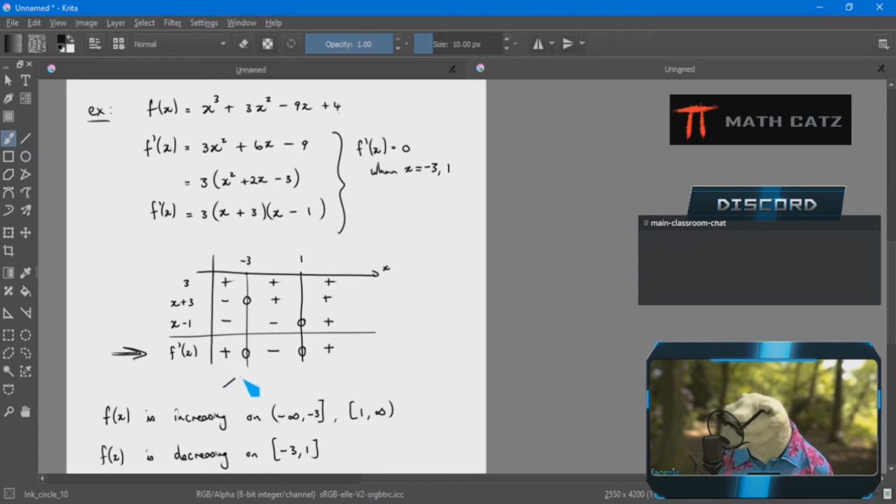Then 0 is going to be horizontal tangent line at -3, and then I'm going to have a downslope again. And around this x equal to 1, it's going to go downslope, horizontal, upslope. So these slope lines can give me a picture of what's happening to the graph. It's going to make a little crest, and then a little cup, a little dip in the graph, and that's exactly what's happening.